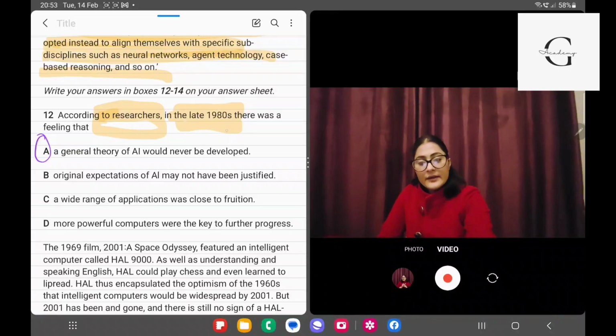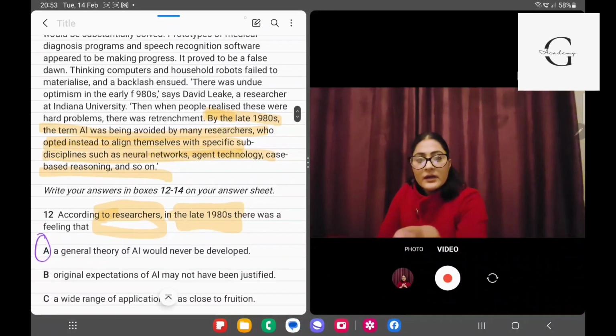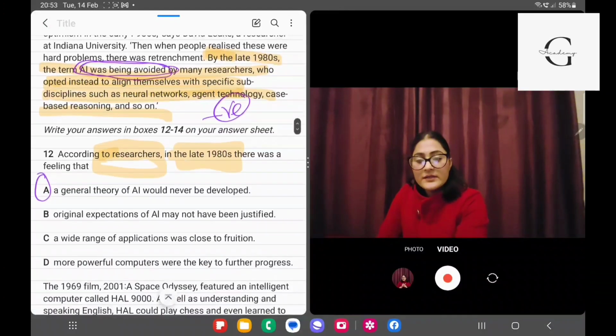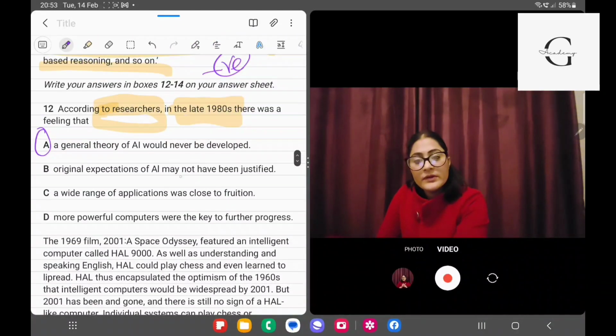Yeah, I am looking for this option because I have read here that AI was being avoided. So there is a negative thing here. So I must look for a negative option right now. So if I look for a negative option, I can see here they are saying original expectations of AI may not. So there is a negative here.